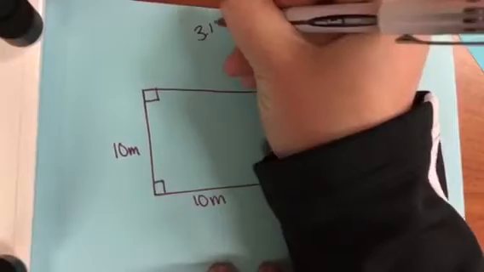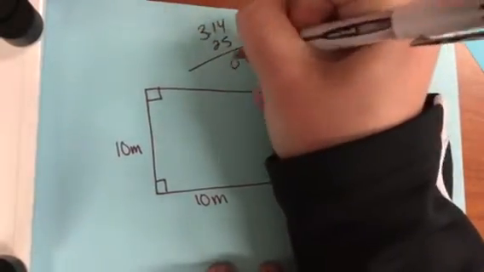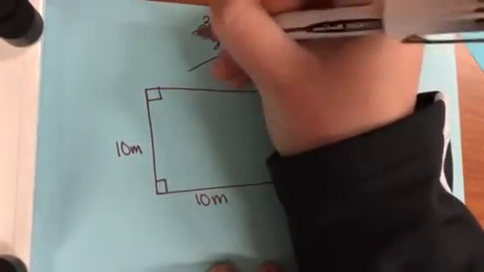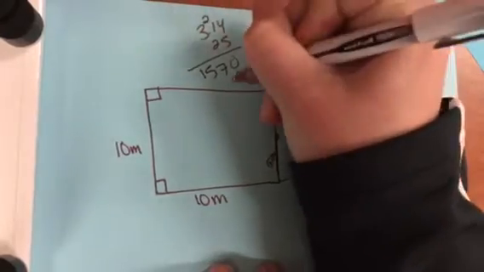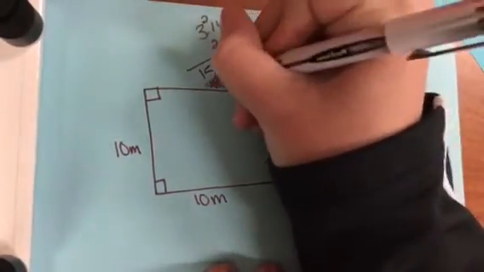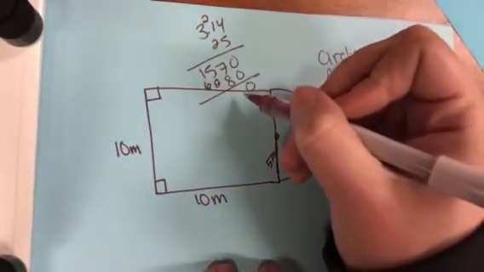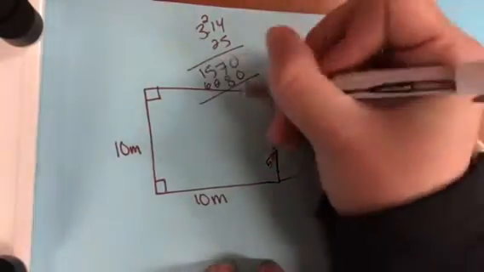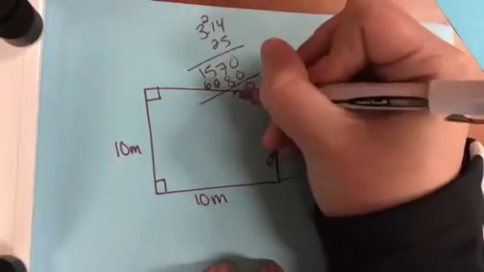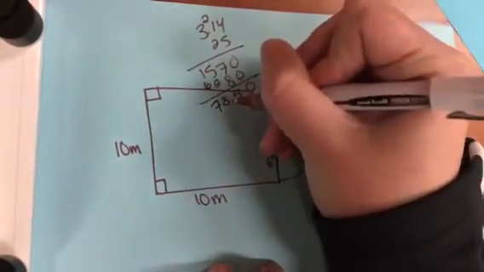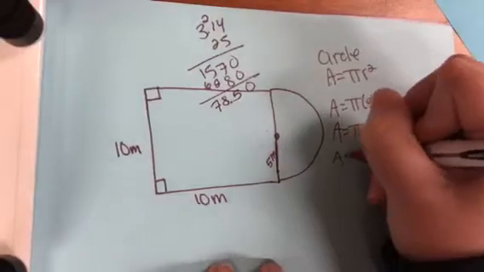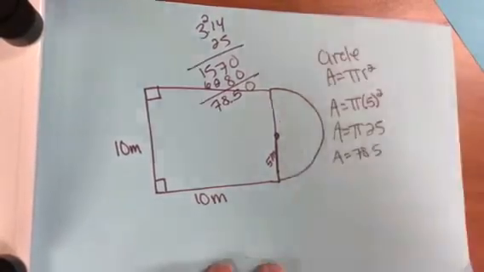So I've got 3.14 times 25, which is 78.5. So the area equals 78.5.